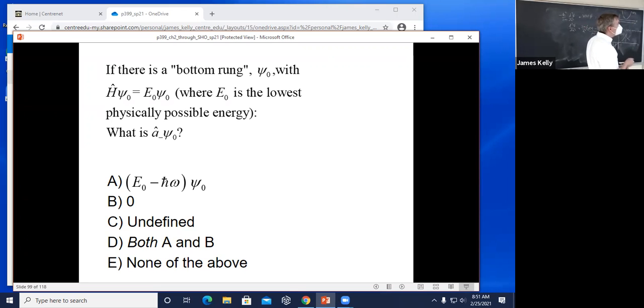If there's a bottom rung of the ladder, we're talking about a ladder of states, which we showed in problem 2.2 has to be the case, and the energy we call E0 there, then what does A minus applied to psi 0 have to be? All right, let's see a vote. I know you guys are still thinking.